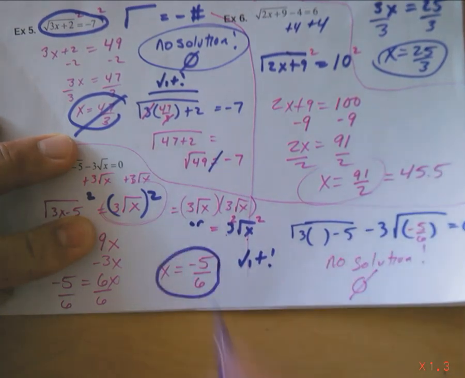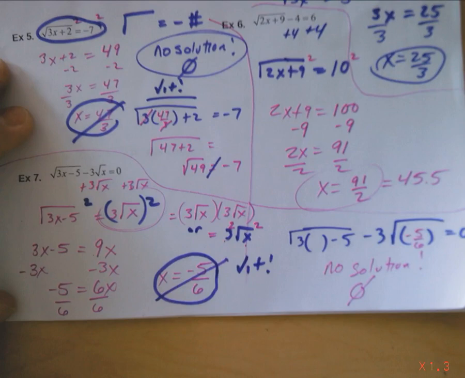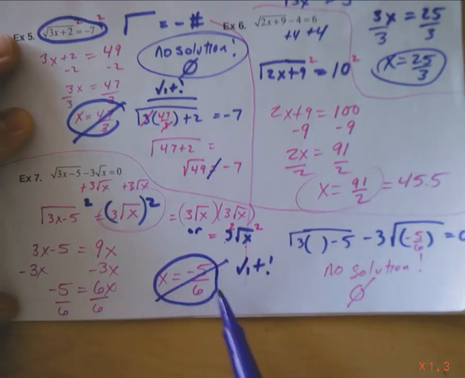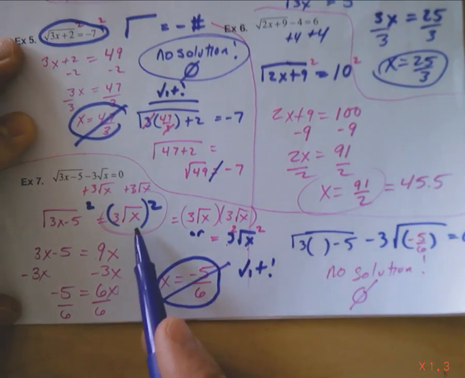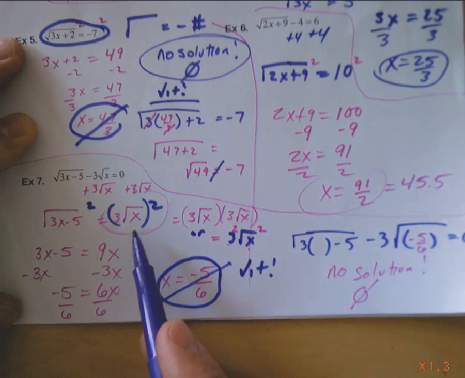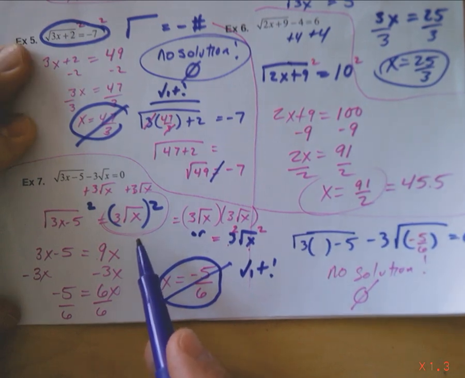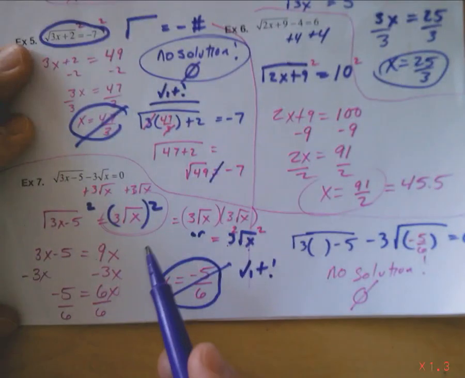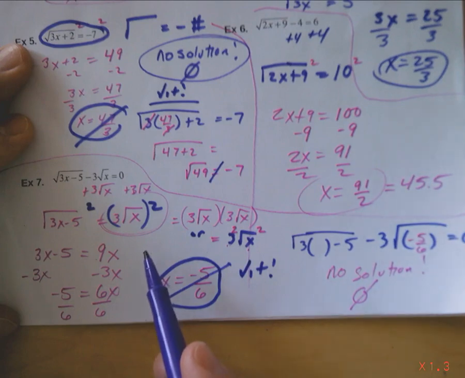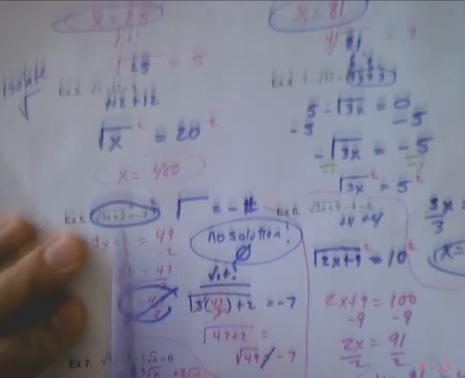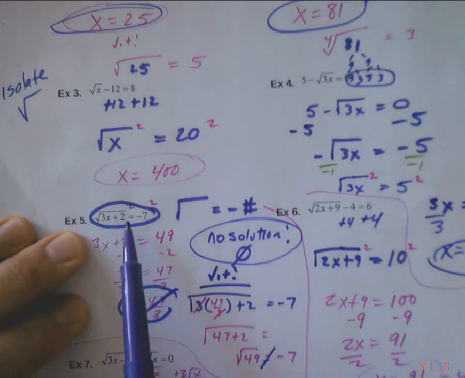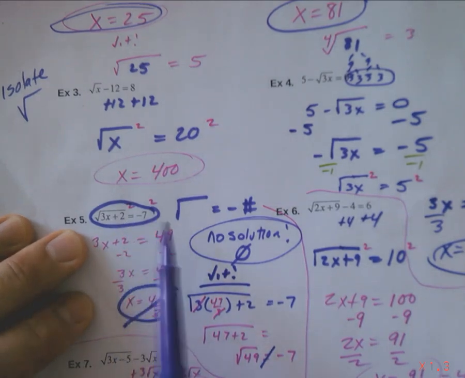So again, check it. Two things you want to be aware of. When you get an answer, especially if it's negative, if you plug it back in, does it make the square root negative? If it does, it's what we call an extraneous solution. It means it's no solution. Or if you're solving and you've isolated the square root and it's equal to a negative number, no solution.